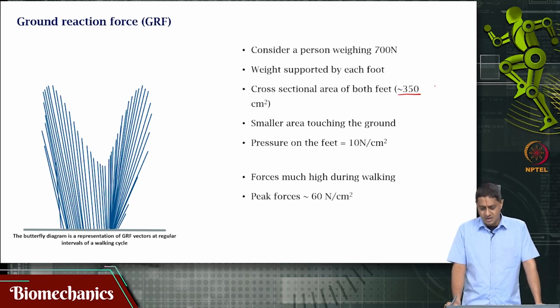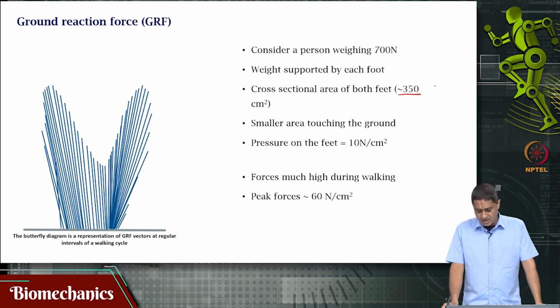The answer is no, because it is usually the ball of the foot and the heel of the foot that is in touch, but there is an arch in the middle of the foot that is usually not in touch with the ground. Okay. So, the entire area is not in contact with the ground.